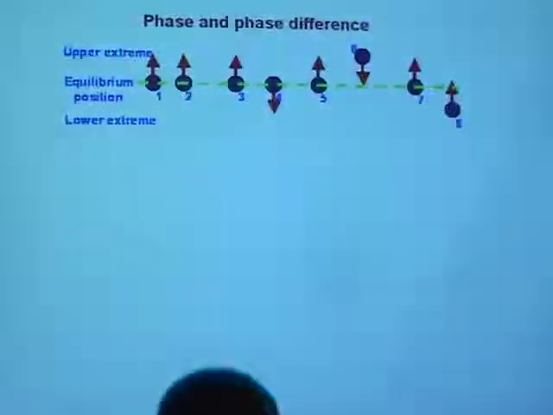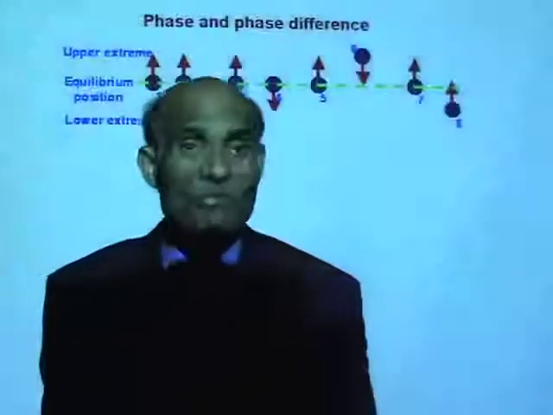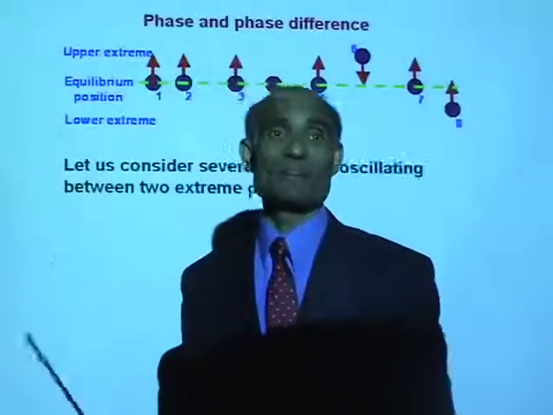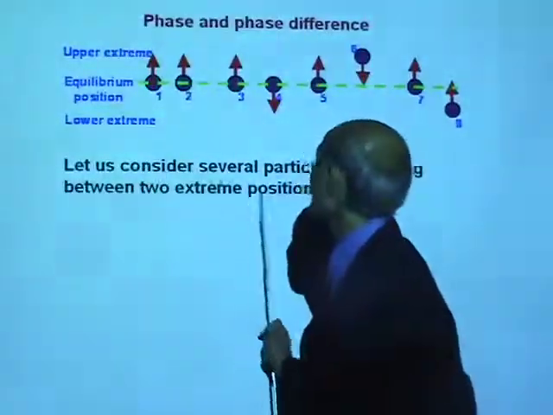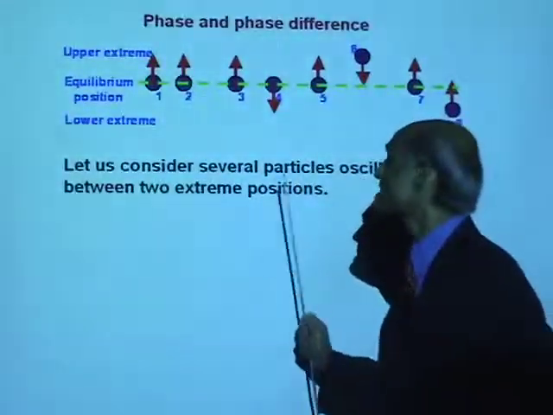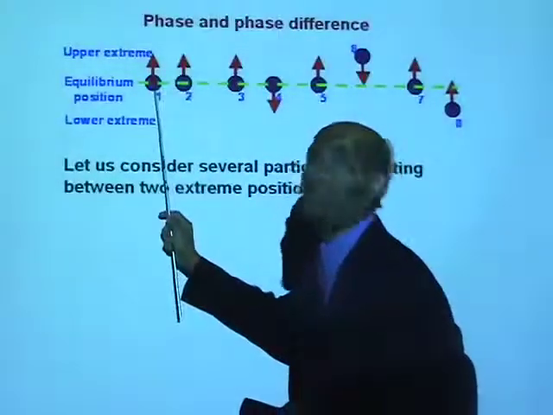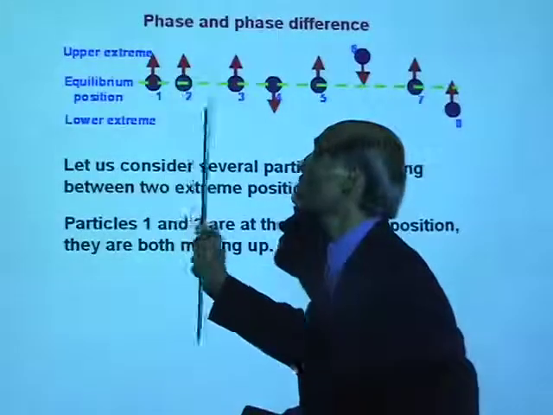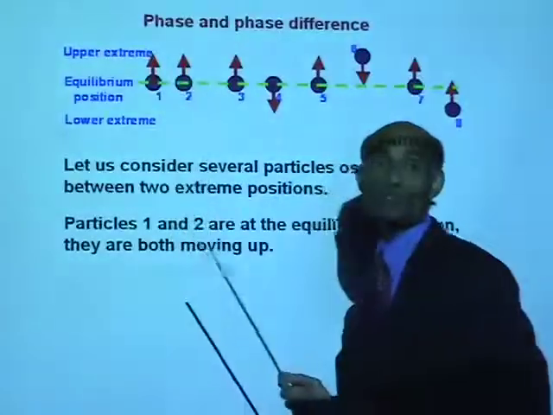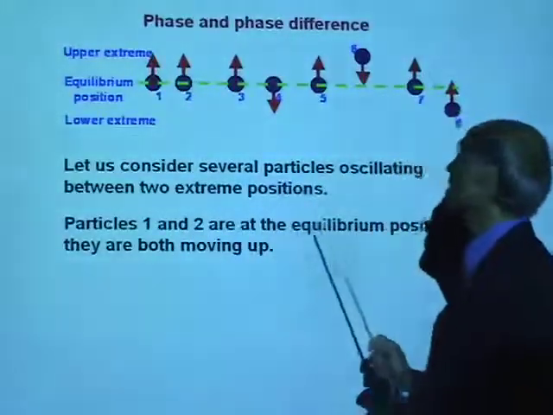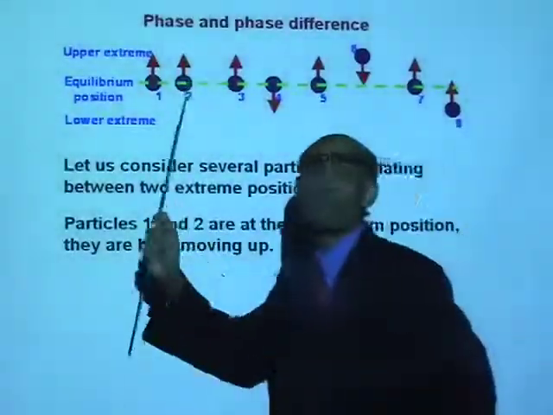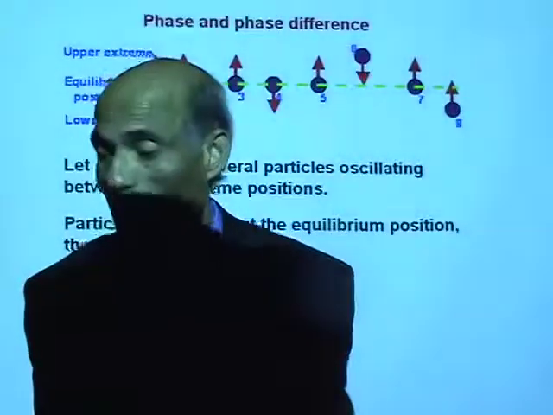All right, so what is the meaning of phase of vibration? Let's consider several particles oscillating between two extremes. Now here I have particles 1 and 2. Particles 1 and 2 are at the equilibrium position and they are both moving up.